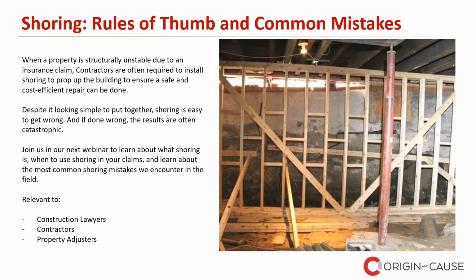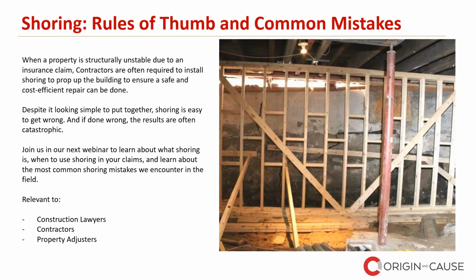When a property is structurally unstable due to an insurance claim, such as a large fire or any other event that compromises the walls or structural members of a building, contractors are often required to install shoring so they can prop up the building and make sure repairs can be done in a safe and cost-efficient manner.